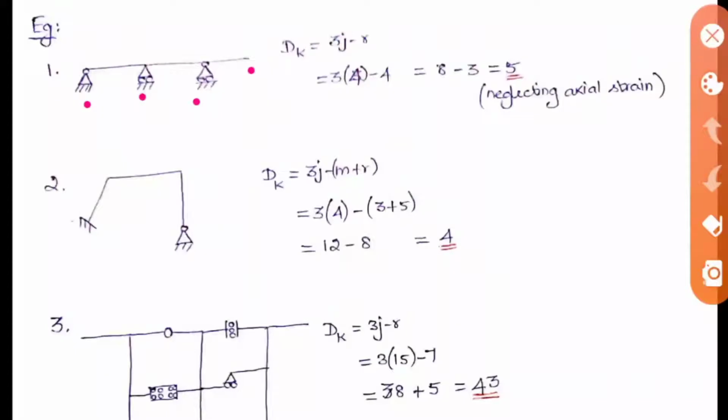The reactions here: one vertical at each roller support, and in the free end there will be no reaction, so it is 4. So 3 into 4 minus 4, the answer is 8. If you consider neglecting the axial strain, the members have to be subtracted. 1, 2 and 3 members are there, so 8 minus 3 will give you 5. This is the answer for neglecting the axial strain.